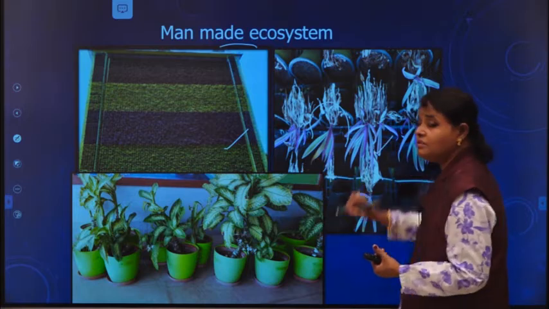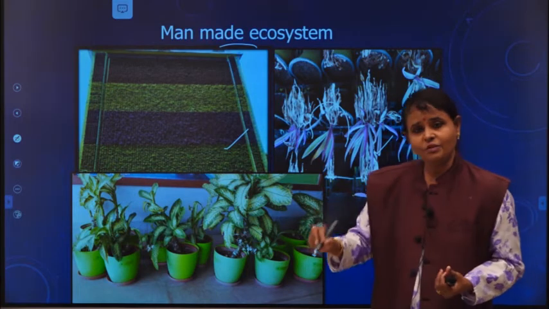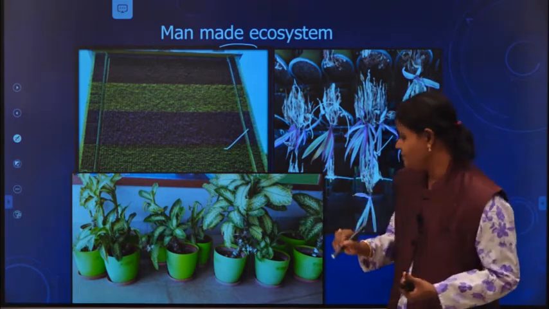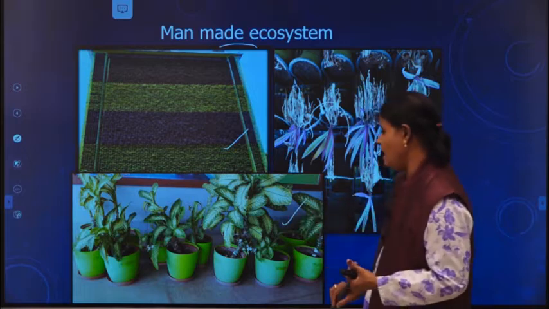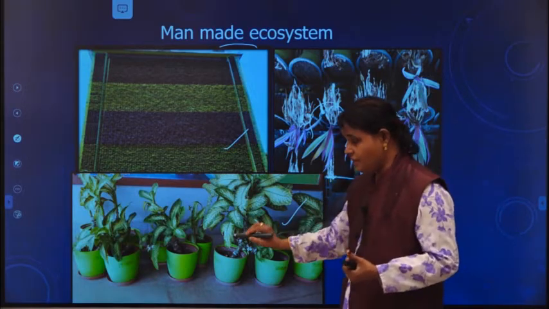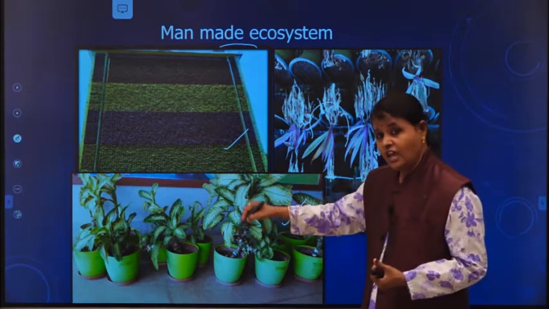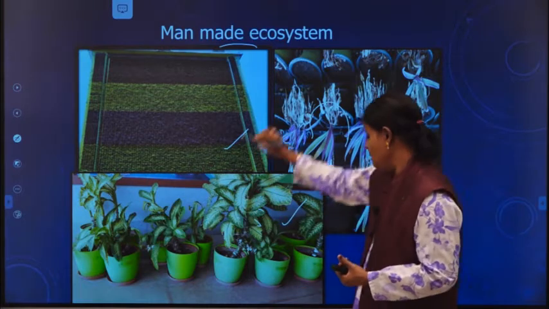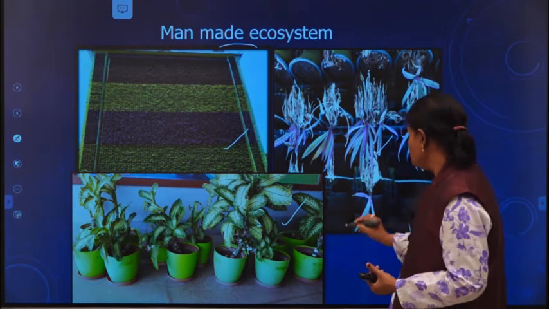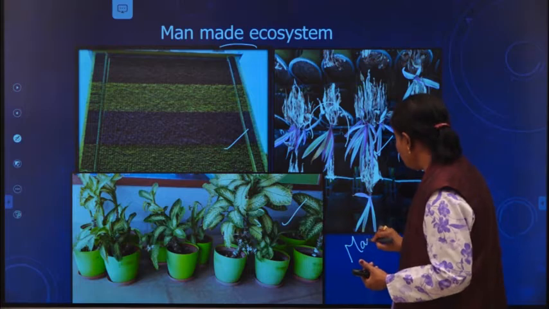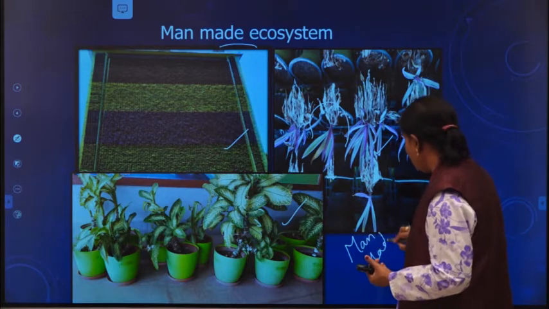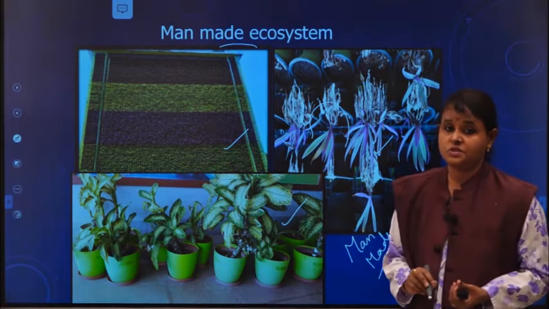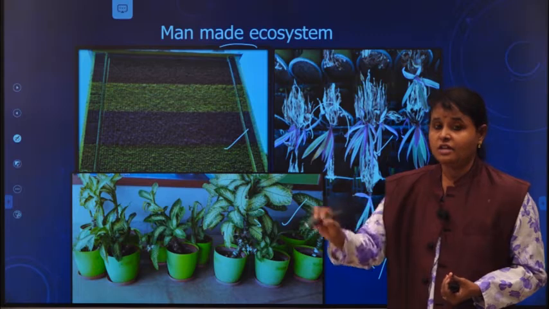So it is also an ecosystem, an example of a man-made ecosystem. See, these are potted plants. They may consist of some organisms. If they have an interaction with each other, it is an ecosystem. These are all made by man, so they are known as man-made ecosystems, or we can say artificial ecosystems. Later I will ask you this.